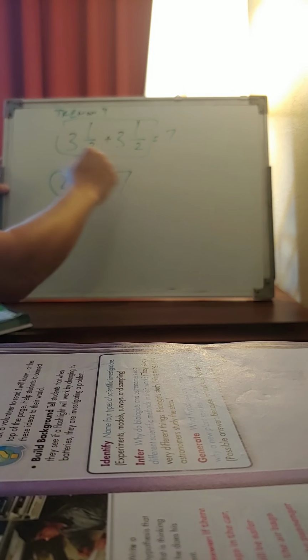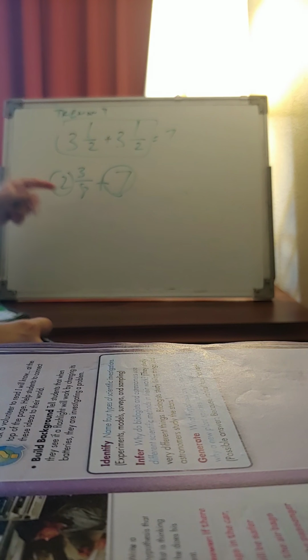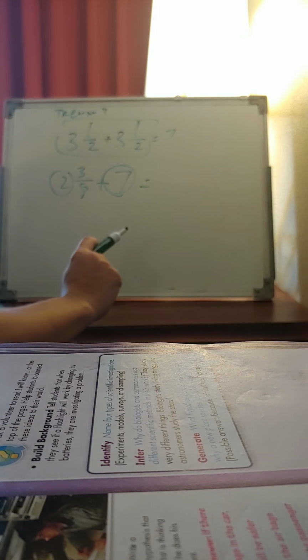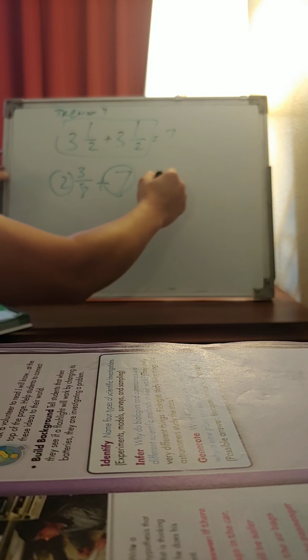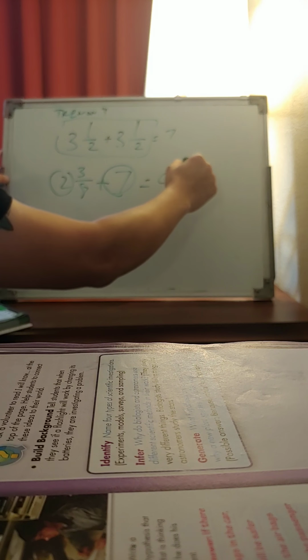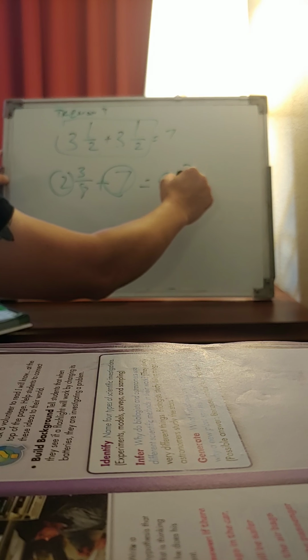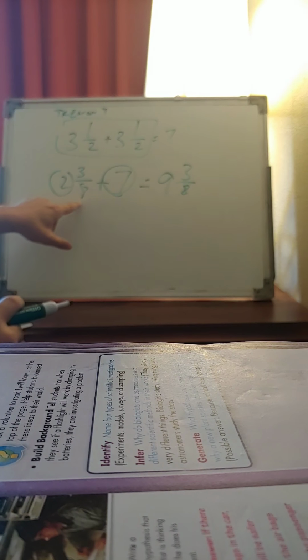Okay, we have a whole number and a whole number. This one doesn't have any fraction, so we're not going to complicate things. Okay, 2 plus 7, 9. We have 9 and 3/8, 3/8 from this portion left over. Okay, that is our total for the amount that Chloe and Bernie traveled.